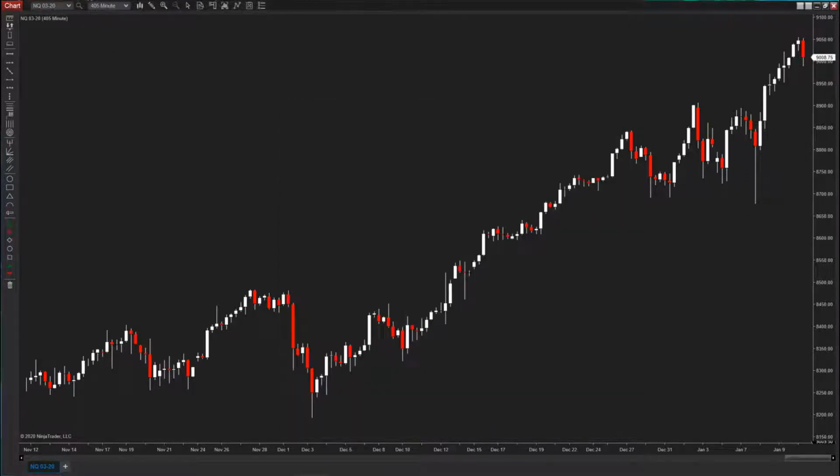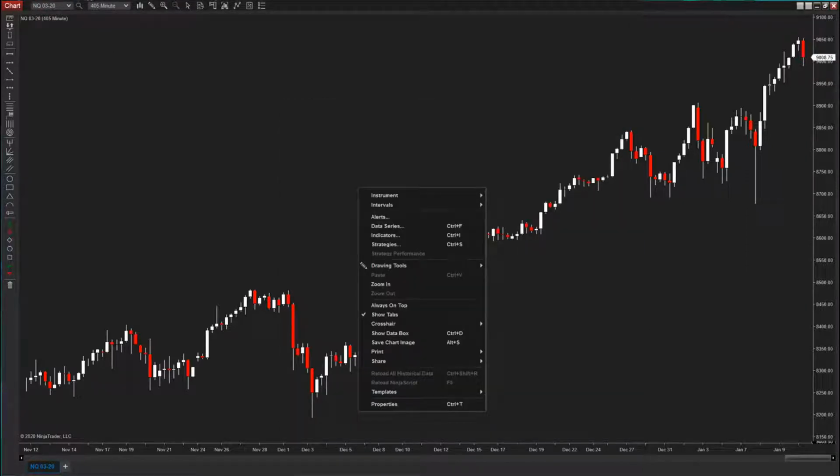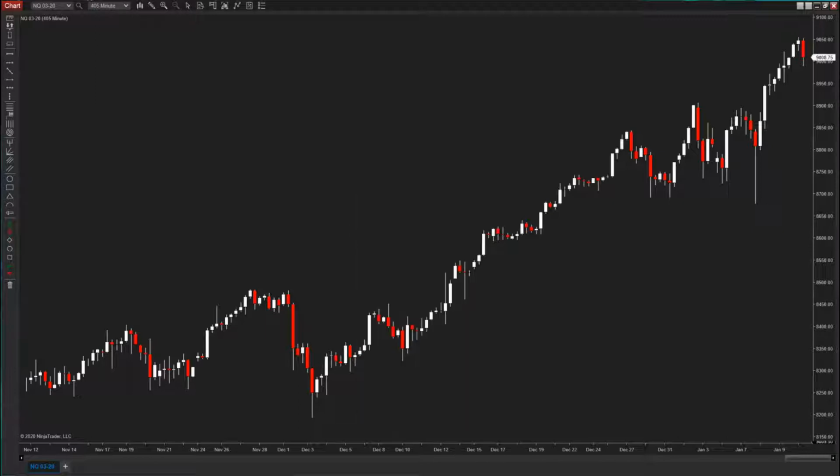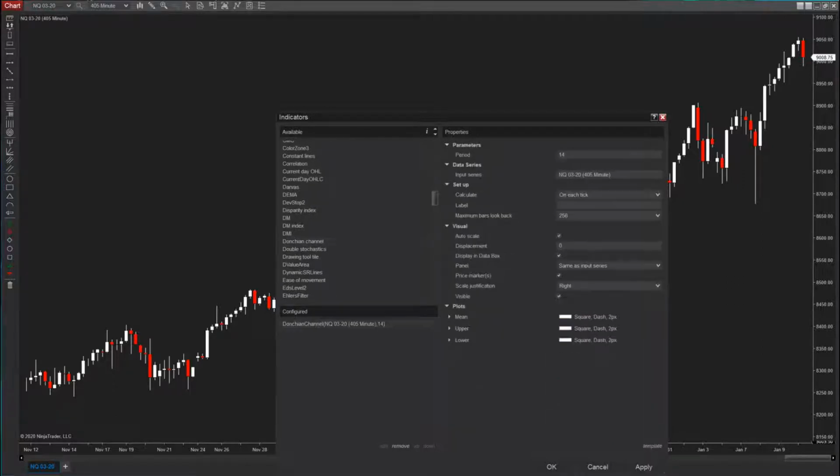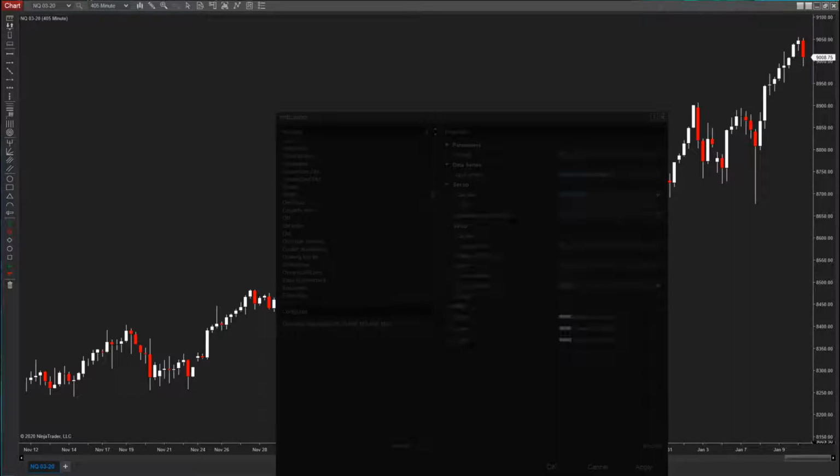So what I want to do first is apply some Donchian channels to the chart so that we can see that 14 period range that I'm relying on for my assumptions. Here are the RTH settings, and I want to apply this to the first monitor and make sure my input is on 405 minutes.